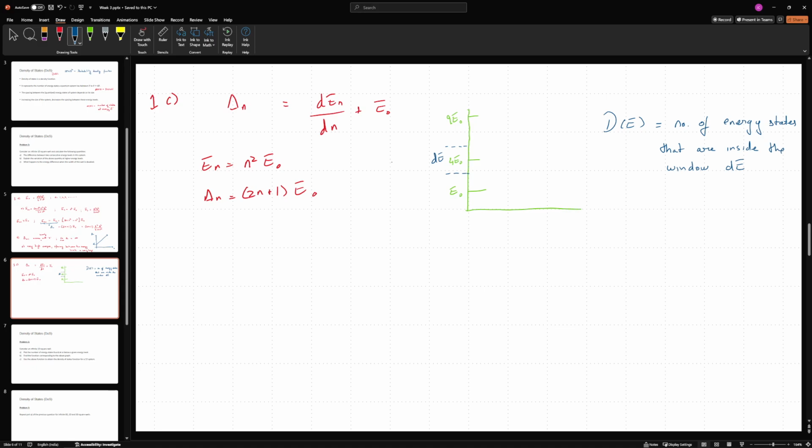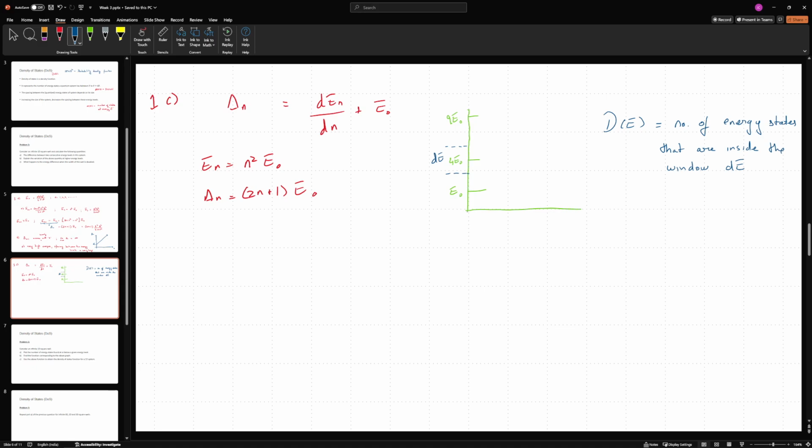Now I know that the energy spacing is there. So technically I cannot make dE very small. If I need to catch at least one energy state inside this window, then my window should keep growing larger and larger. And by how much should it grow? So at the ground state, I can set n equal to 0, so I need a window that is at least of width E naught.